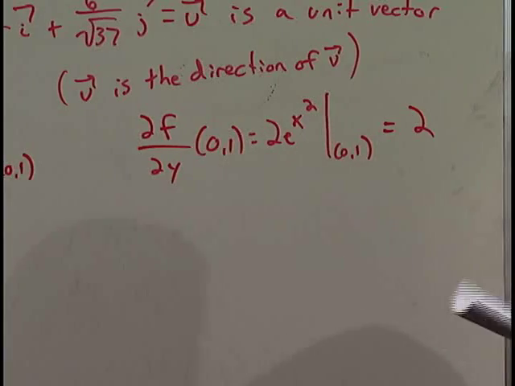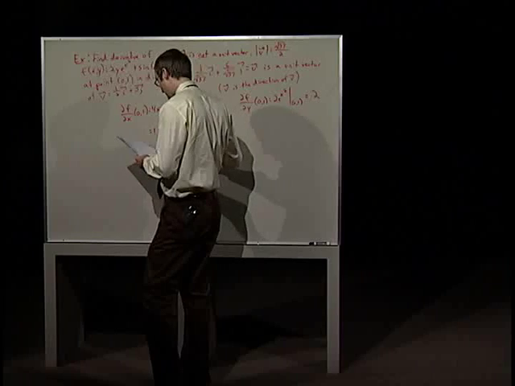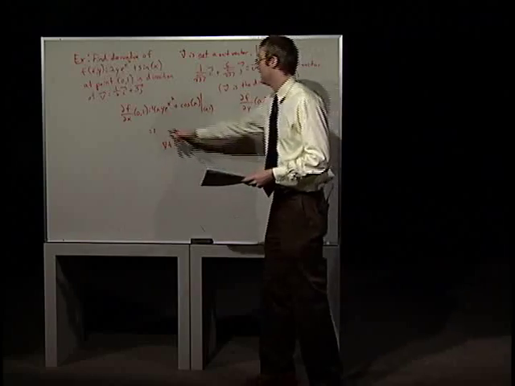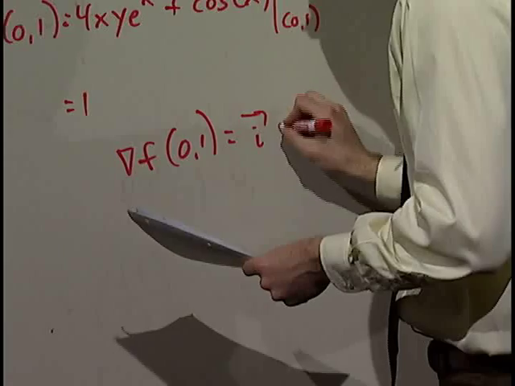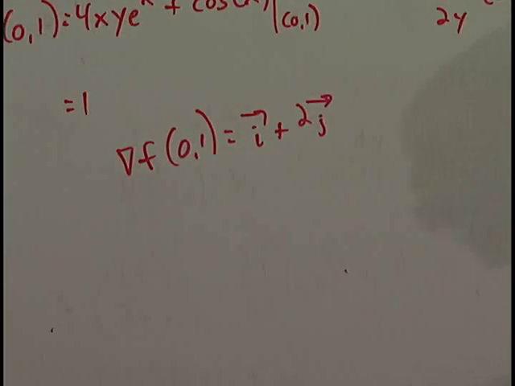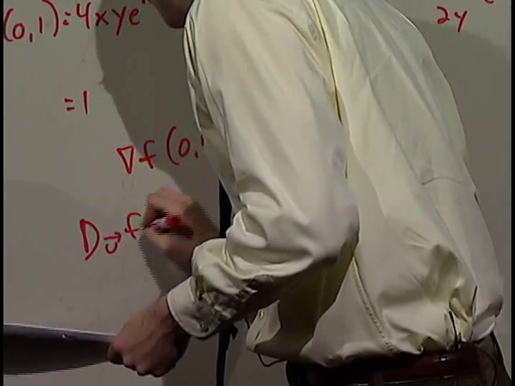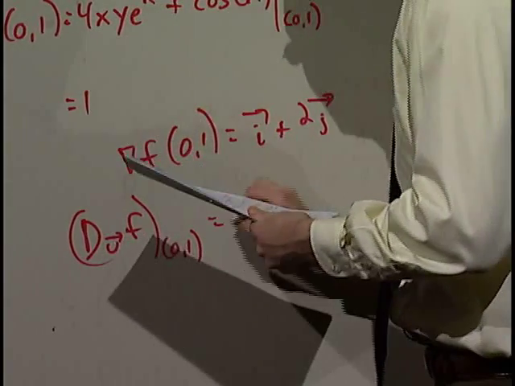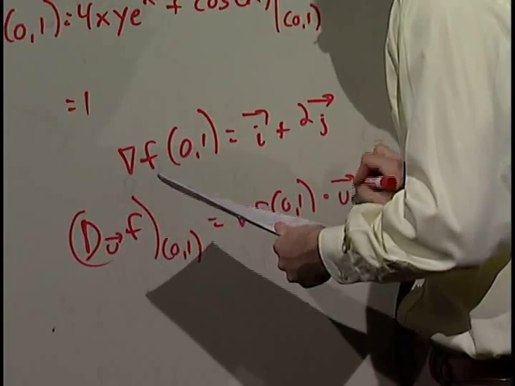So there are the parts of your gradient. The gradient at (0, 1) is, with the first the i component and the second the j component, just i plus 2j. And your directional derivative at (0, 1) is the gradient at (0, 1) dot u.